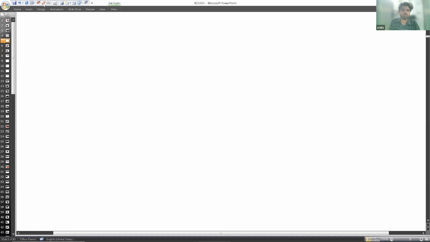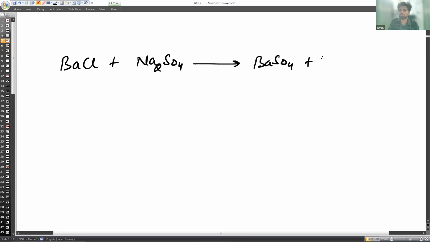For example, you have a substance, barium chloride, which reacts with sodium sulfate, Na2SO4, and gives you barium sulfate plus sodium chloride, NaCl.